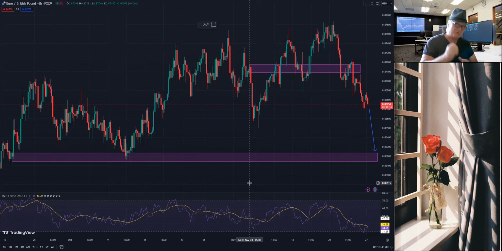Don't be too rigid, because rigidity can sometimes bite you in the ass. Work with your system, learn your system, use your system, follow it, and take the trades religiously, and you'll probably get a win at the end of the day. The big thing is manage your risk. If you manage your risk, you'll probably be okay.